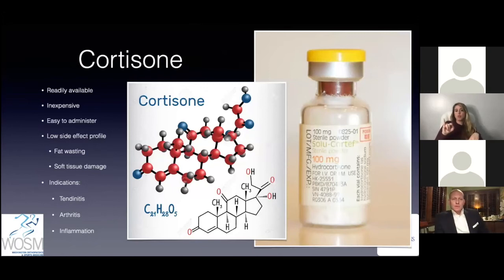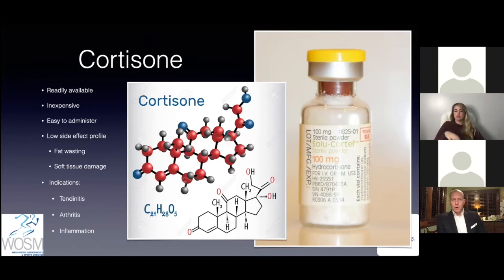Cortisone comes in different forms. It can be taken orally. Many of you know about this, or it can be injected as well. And we can inject it directly into joints. We can inject it in or around tendons. We can inject it into muscle or soft tissue to have more of a systemic effect. I'm alluding more towards the type of cortisone injection that is done into a joint or around a tendon.